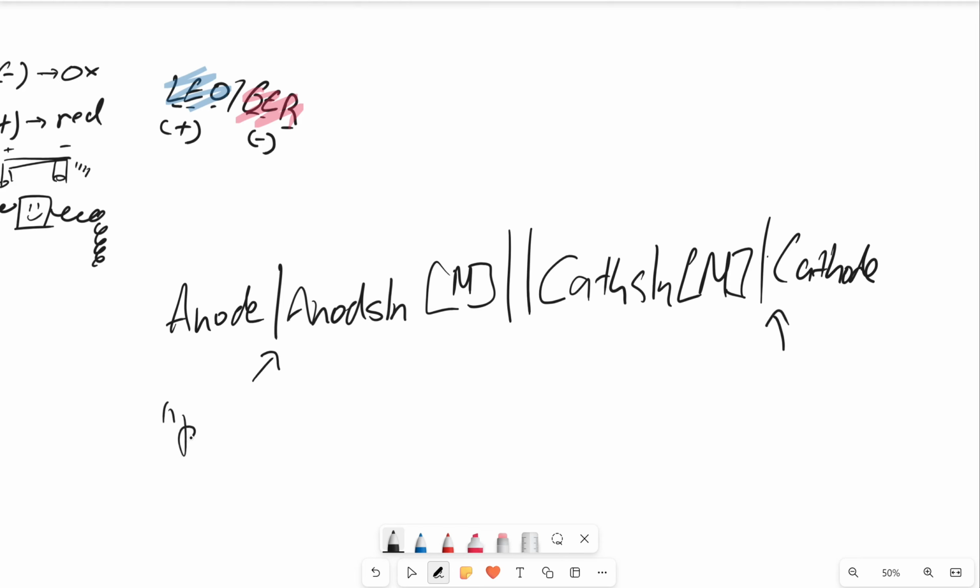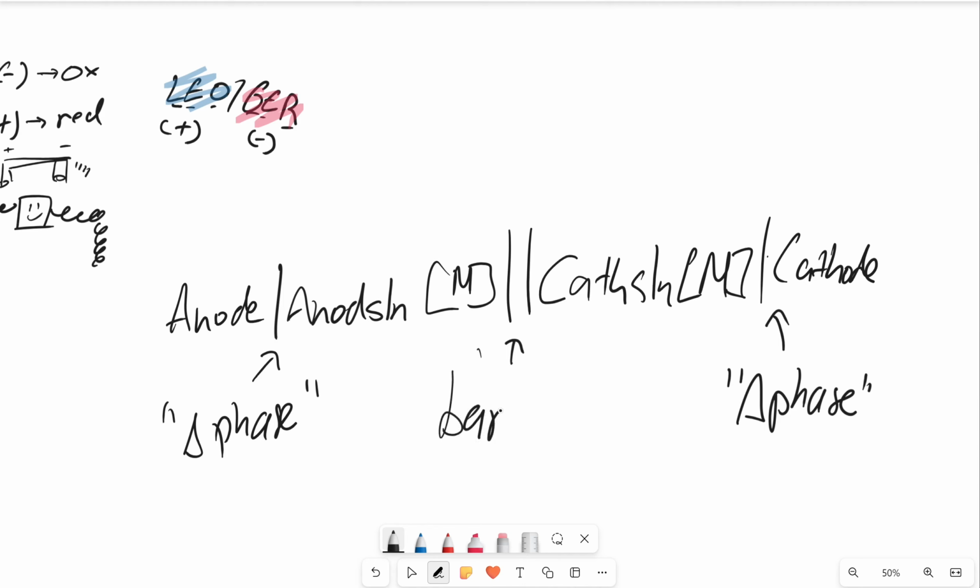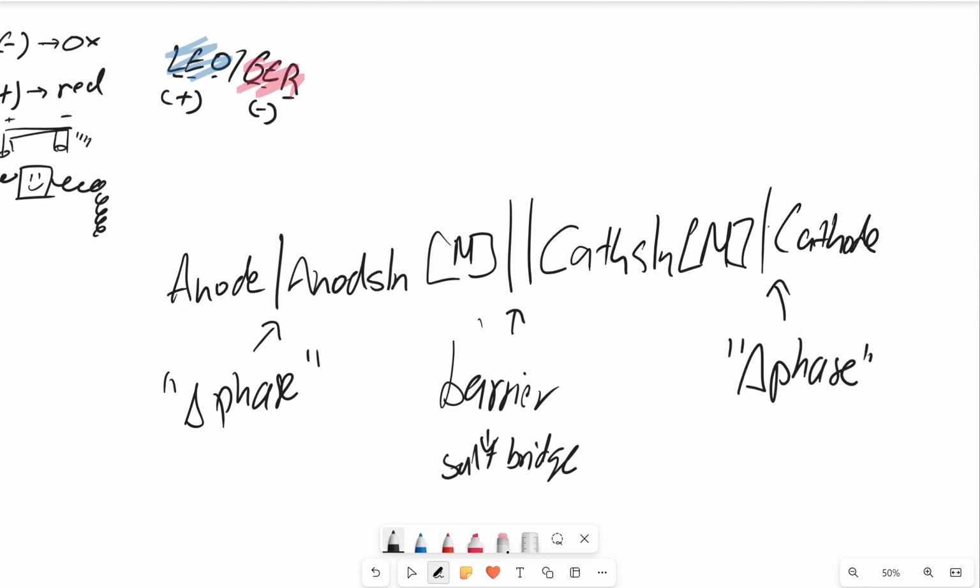The single lines mean that there is a phase change. And then this double line is going to mean that there's an actual barrier. It can also mean salt bridge, but barrier and salt bridge are basically the same idea.